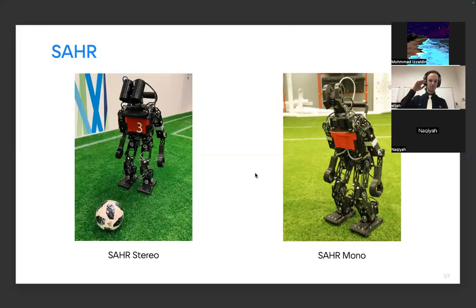So RoboCup focuses on the very complex problem of football, and FIRA focuses on a lot of simpler problems that I've mentioned. You will be primarily focusing on RoboCup for now.